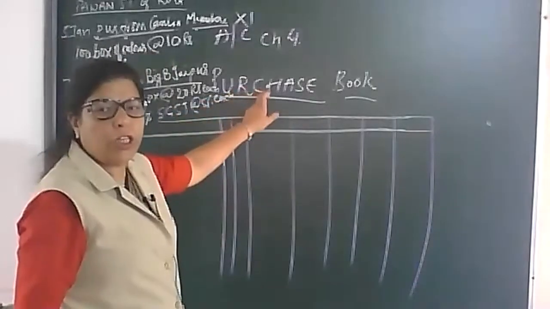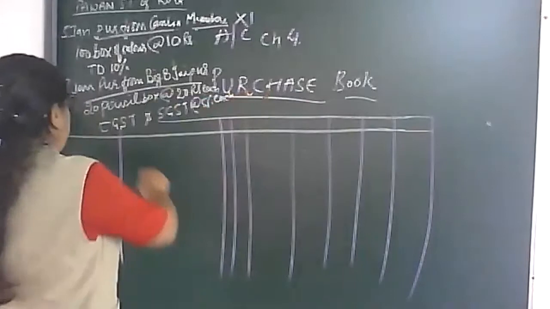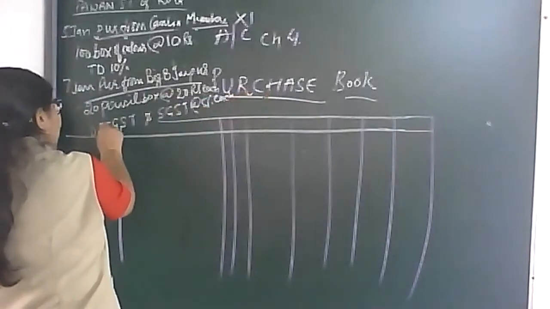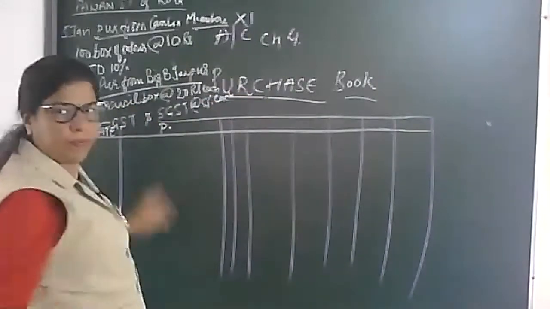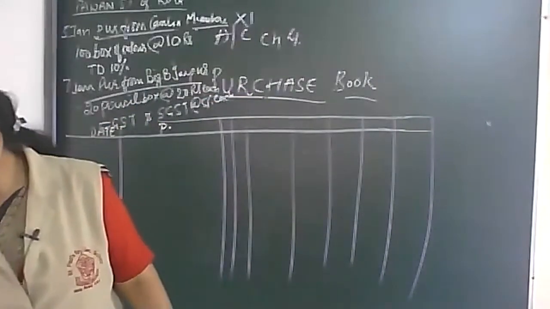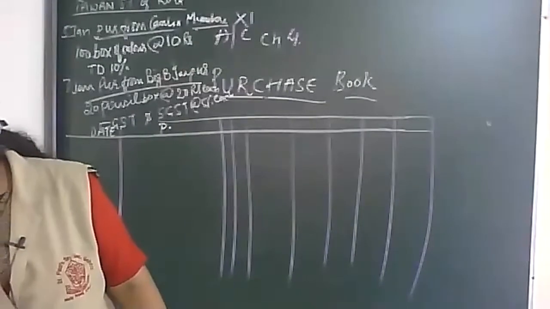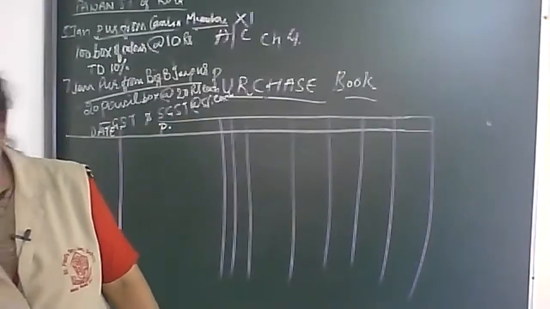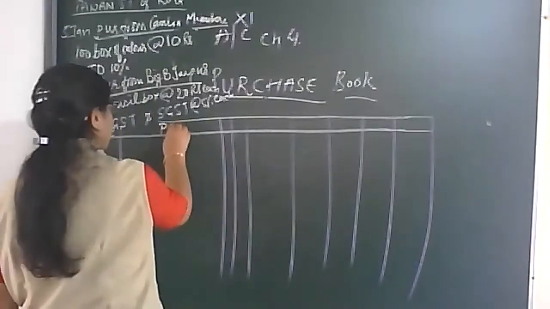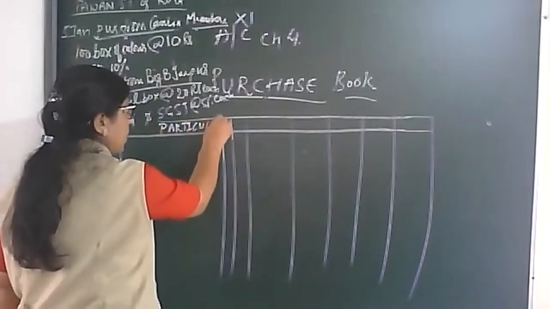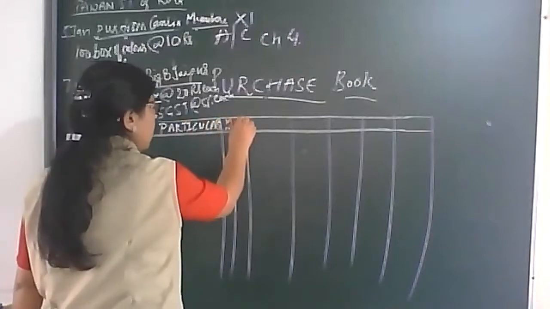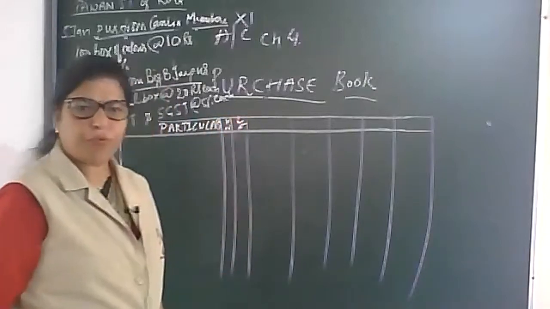First of all, purchase book. This is date, particulars, voucher number, LF.